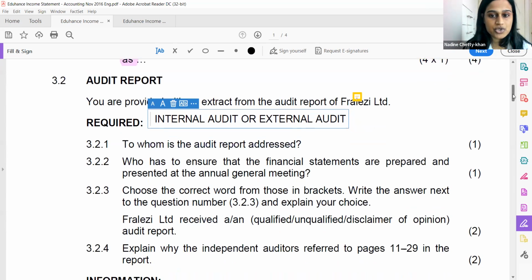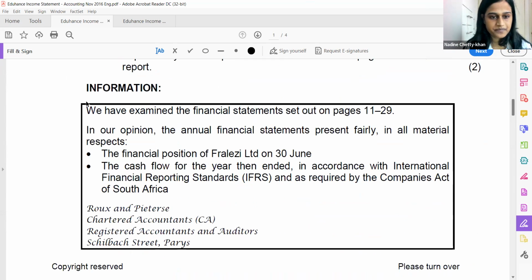Let's go into reading the extract. So this is an extract from their report that I just mentioned. It says, we have examined the financial statements set out on pages 11 to 29. In our opinion, the annual financial statements present fairly in all material respects.